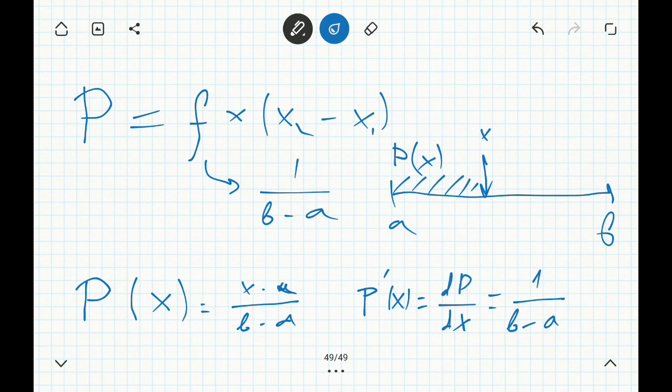Here it's a special case: probability is the same everywhere, likelihood is the same everywhere, and that's why we get this constant number, because your b and a will never change.